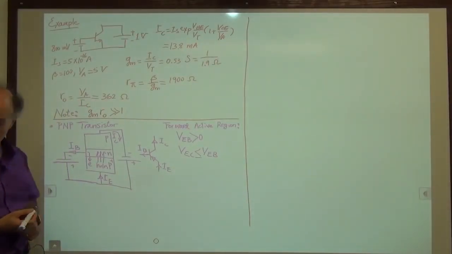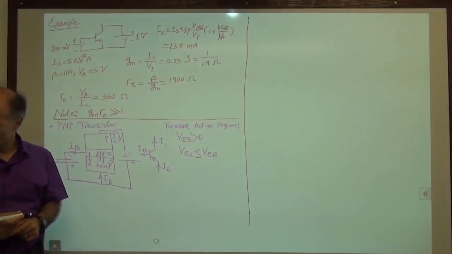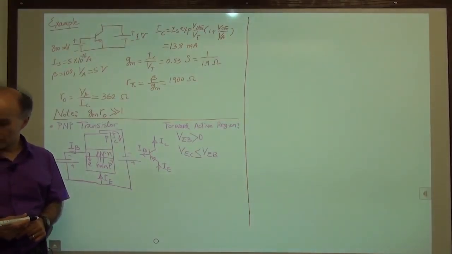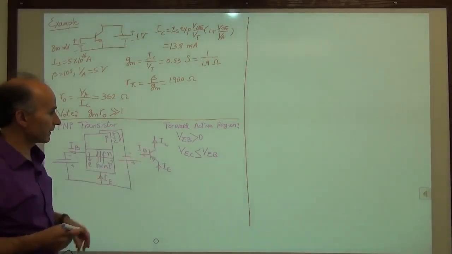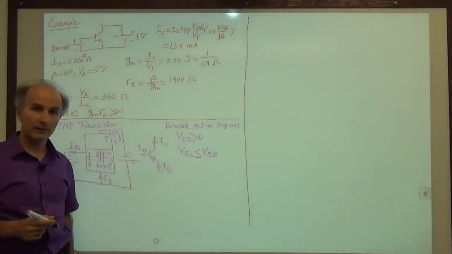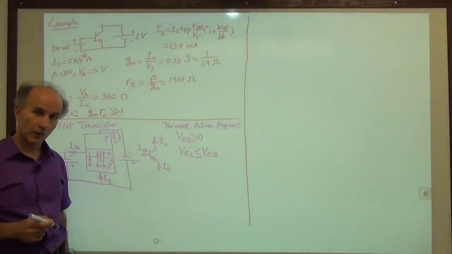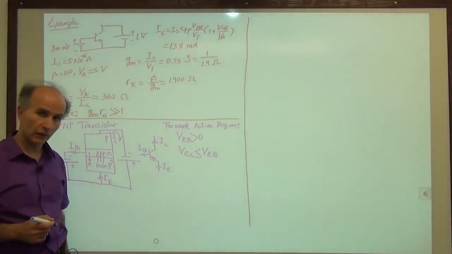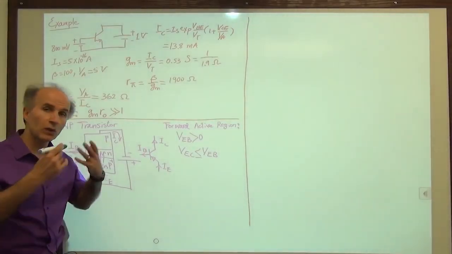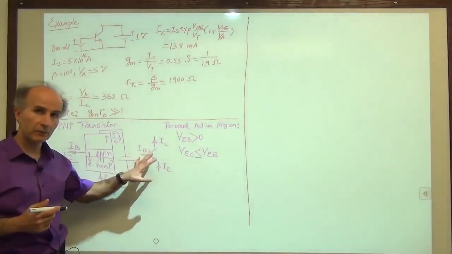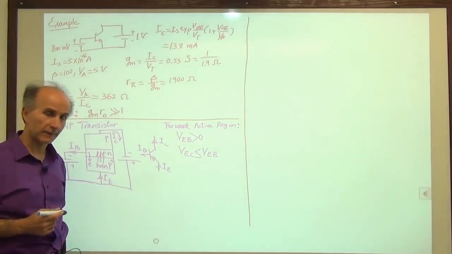All right. So now, because of these differences, PNP devices can be quite confusing. So I would like to make sure that this is clear in your mind as you go along. And we have various visual aids to help us keep track of all these voltages and currents.